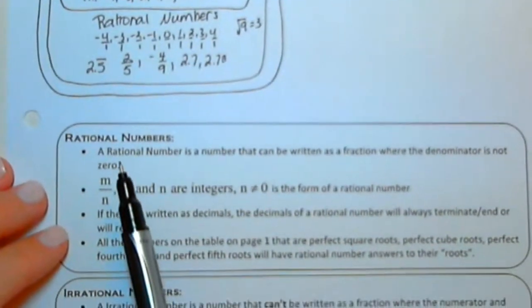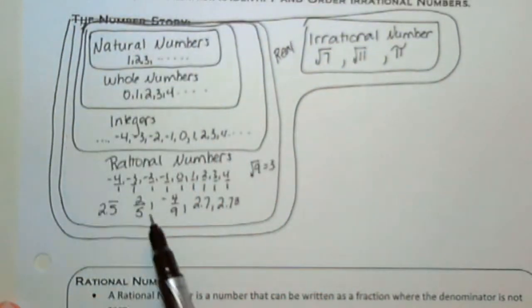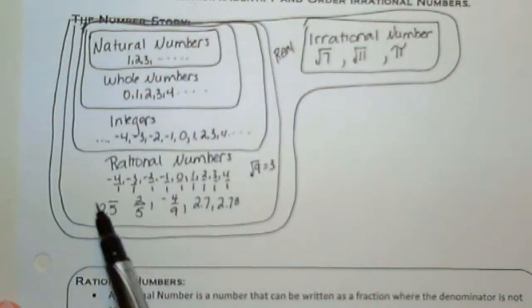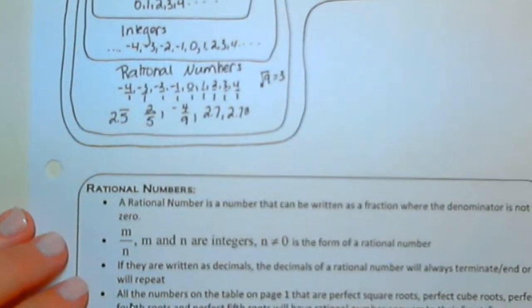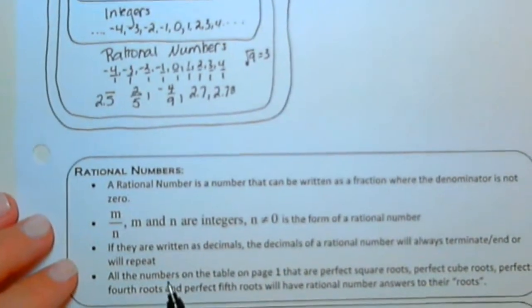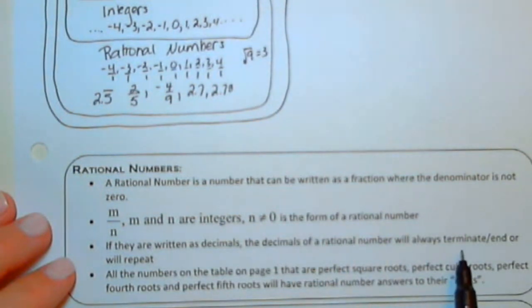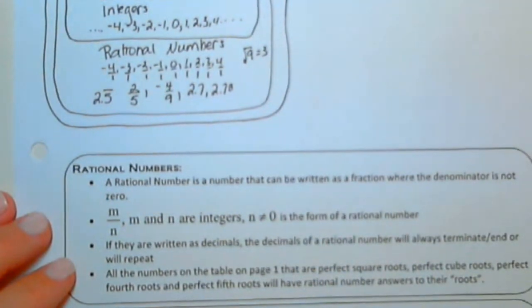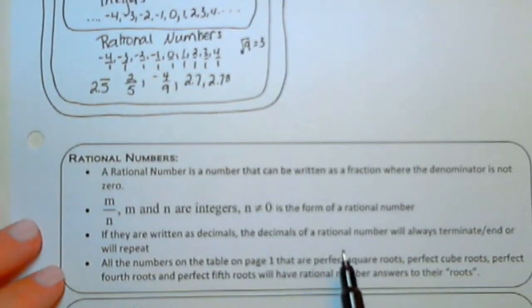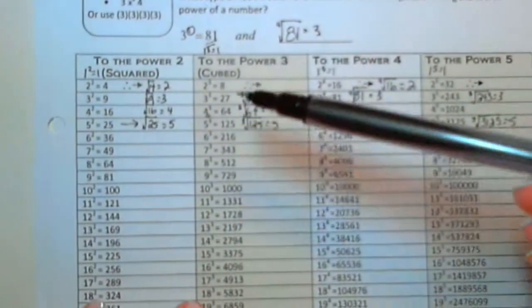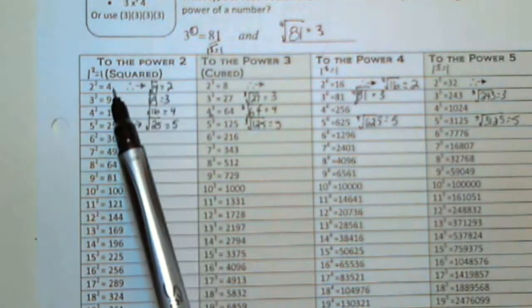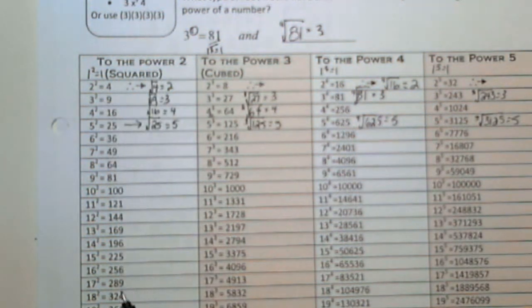Now, what you need to know is that a rational number, or any number in this block here, is a number that could be written as a fraction. If they are decimals, they're decimals that always end or will repeat. And you can tell that any numbers on our table from page 1, any square roots of any of these numbers will be rational.